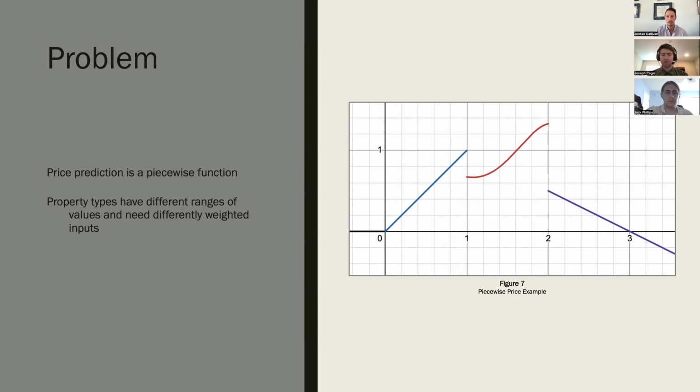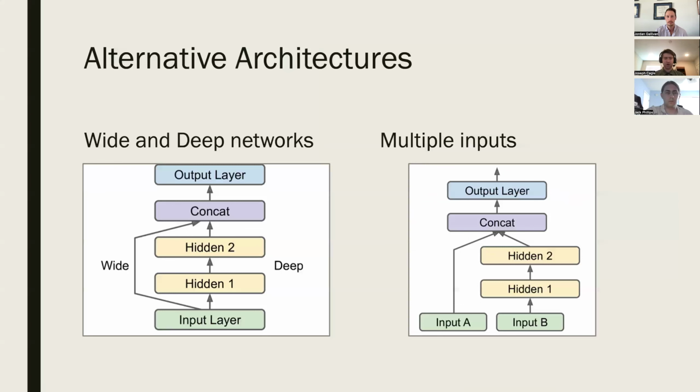But next slide. We can also try different network architectures. So there's something known as a wide and deep network, which was discussed in the hands-on machine learning book. Basically, you've got a complex, deep neural network that will learn complex patterns, but also you're going to short circuit some of the layers on the left here so that it'll also learn simpler patterns and have those affect the output more strongly.